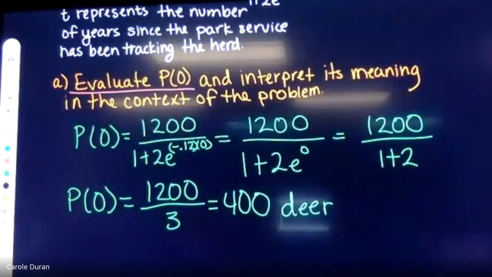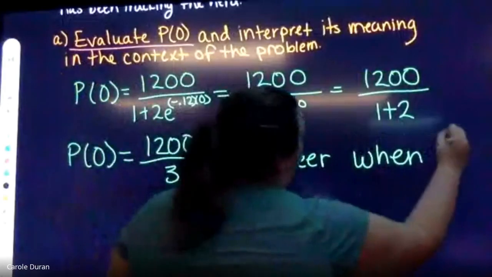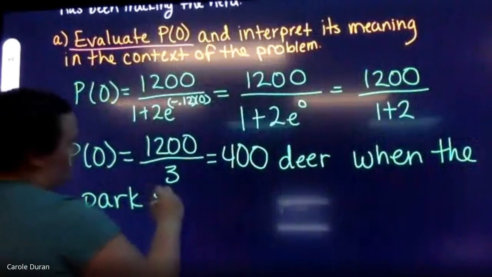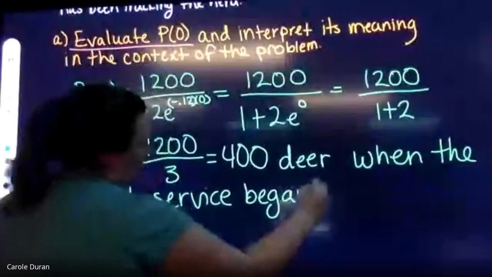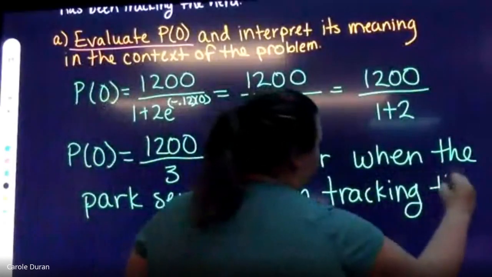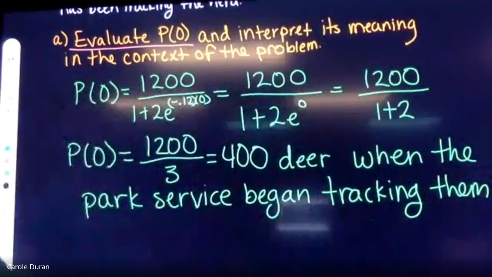So that's what I want you to write. You can just put 400 deer when, and then explain what that means. Your answer is no good to me if you don't understand what it's telling you.